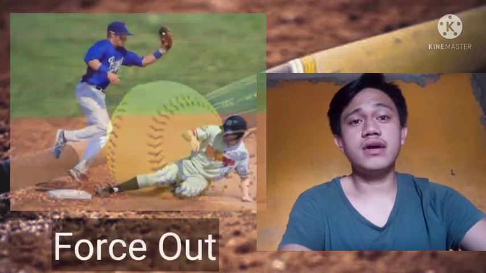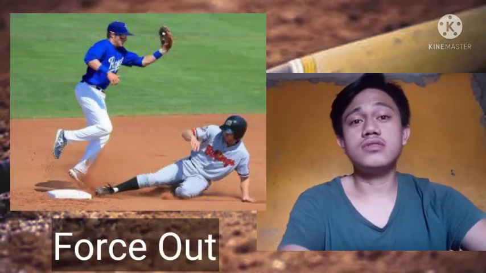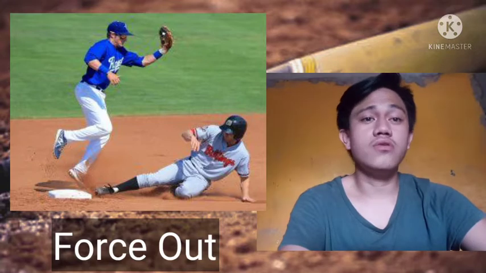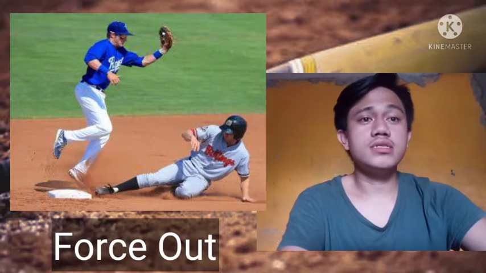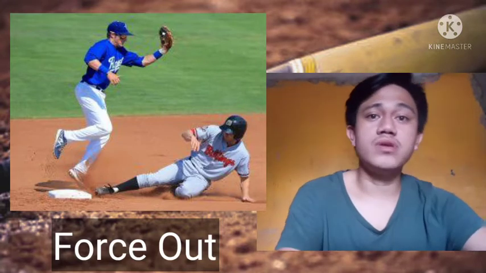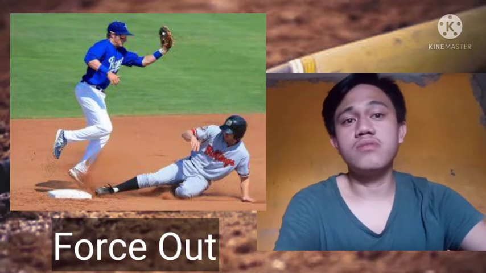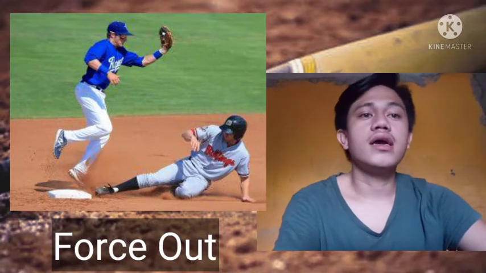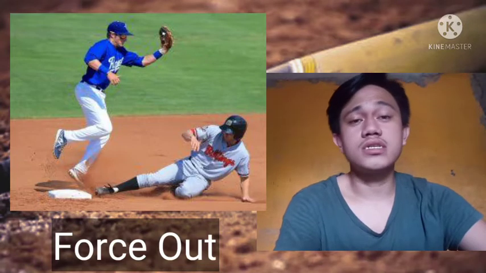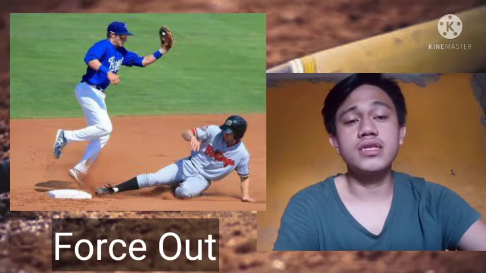Section 35 is the force out. A force out is an out which can be made only when a runner loses the right to the base which he is occupying because the batter becomes a batter runner, and before the batter runner or succeeding runner has been put out.